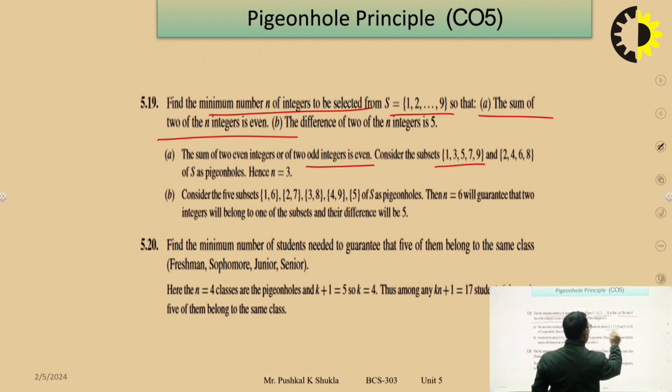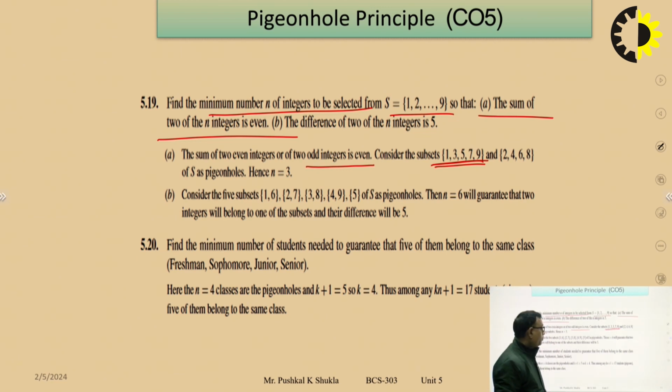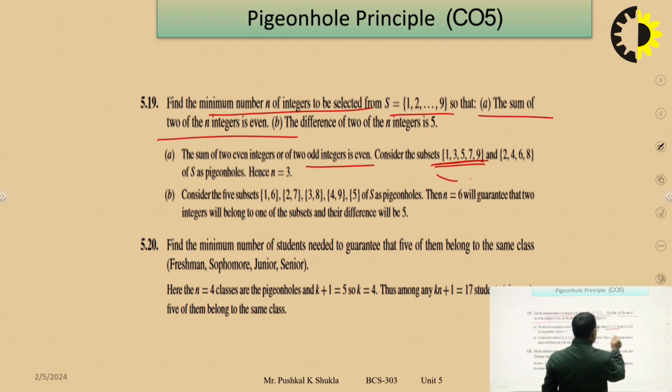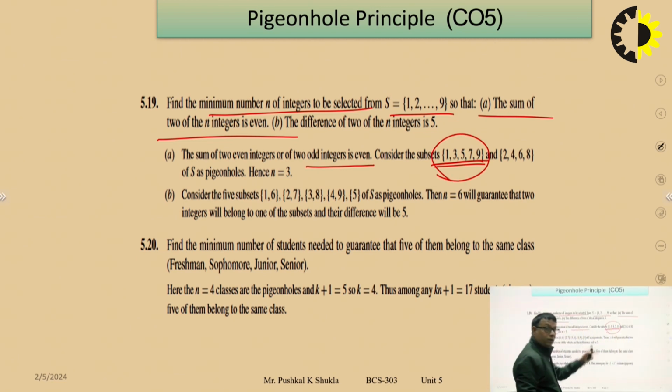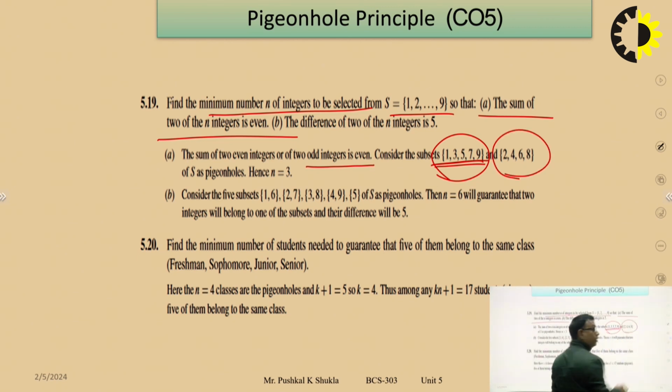Consider the subsets. So we take 1 to 9 from the set S. We take one subset as odd numbers and one subset as even numbers, because the sum of two odds is even and the sum of two evens is even. So we divide into 2 parts, 2 pigeonholes: 1, 3, 5, 7, 9 and 2, 4, 6, 8.